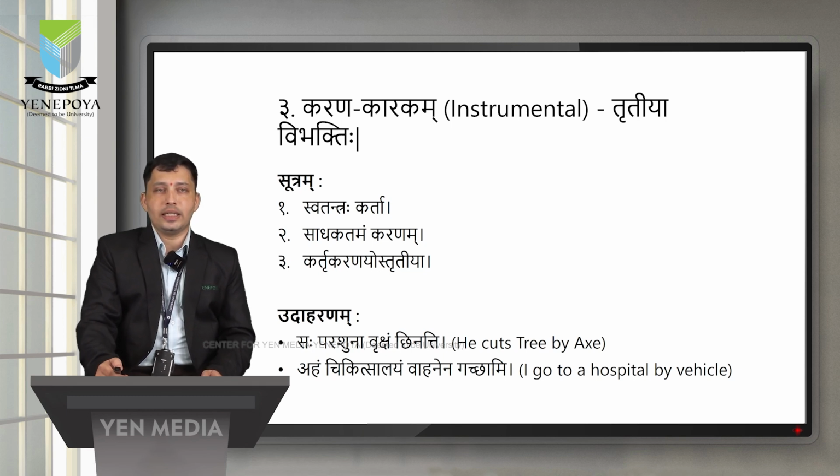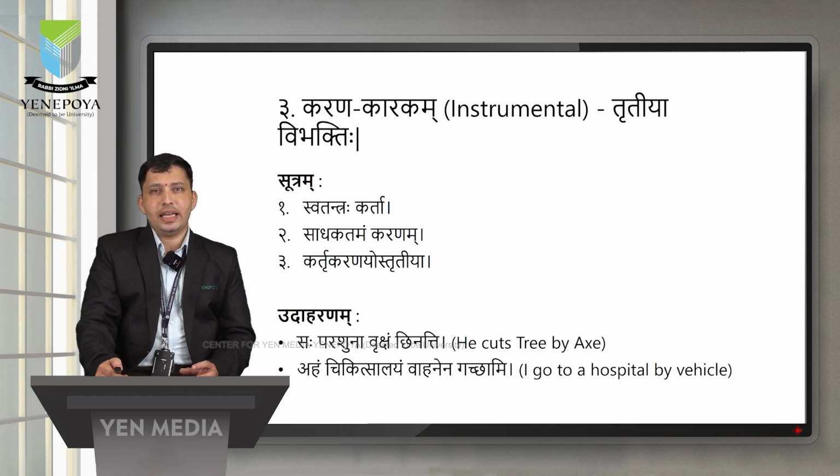The second sutra says Sadhakatamam Karanam. Karanam means instrument. Sadhakatamam means that which helps to fulfill the action. The word which represents a tool to fulfill the action always gets Karana Karaka.